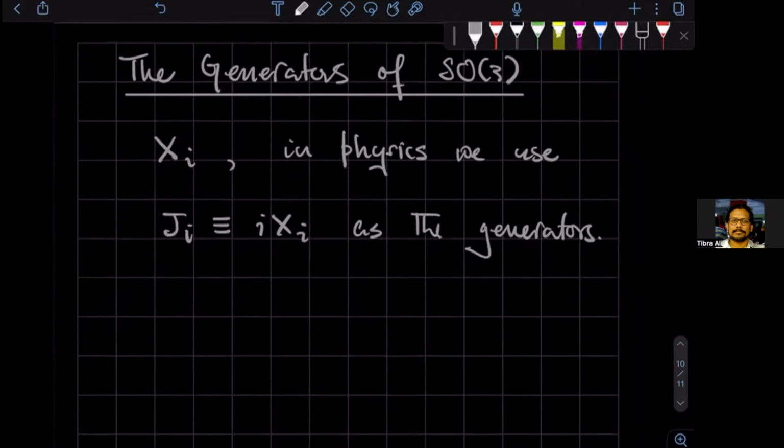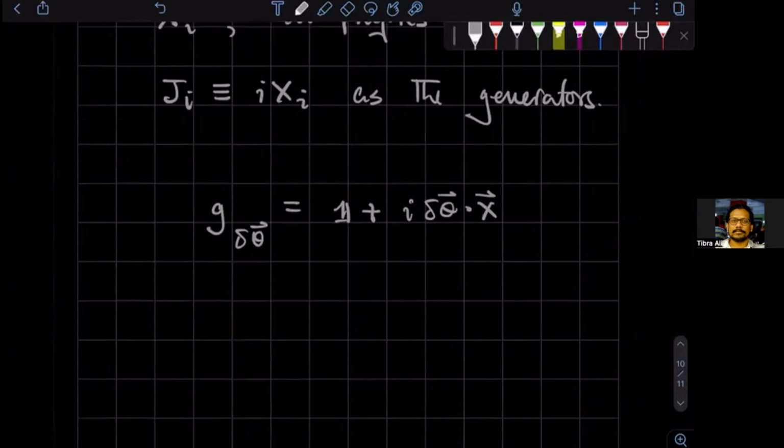Okay, let's look at the generators of SO3. Now, if I consider my element infinitesimally close to the identity, which I wrote as 1 plus i delta theta dot x, since this is part of SO3 or O3, we know that if I take its transpose and multiply it to the element, we get the identity matrix.